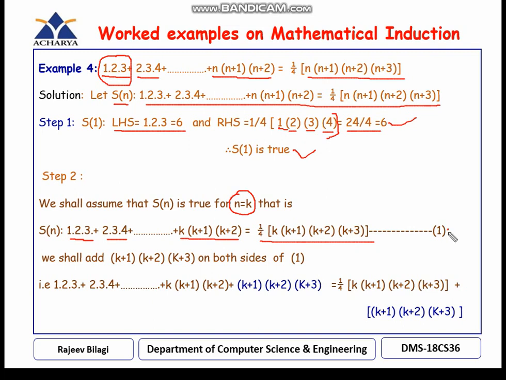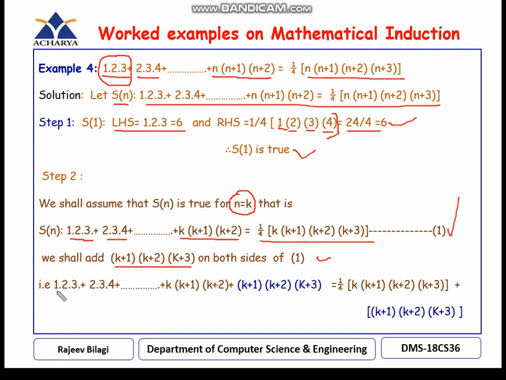I'll call this equation 1. Now if I want to write the next element, that should be k plus 1, k plus 2, k plus 3. So we can add k plus 1, k plus 2, k plus 3 on both the sides of this particular equation 1.